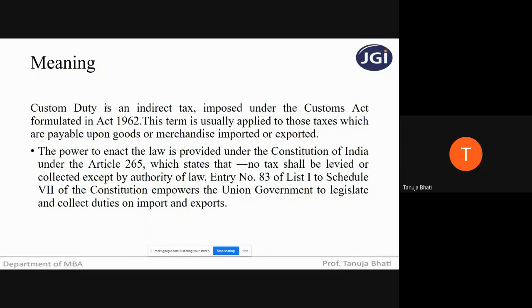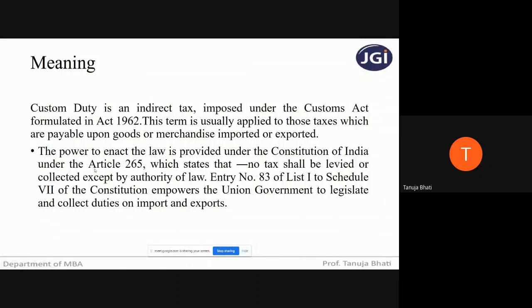This term is usually applied to those taxes which are payable upon goods or merchandise which are imported or exported. As I said earlier, customs duty is imposed only on goods or merchandise. It is not imposed on persons, it is not imposed on services, it is imposed on the goods or merchandise that are being imported or exported.